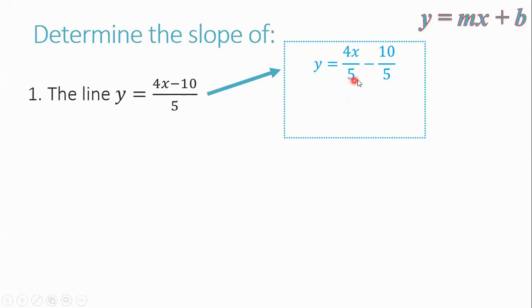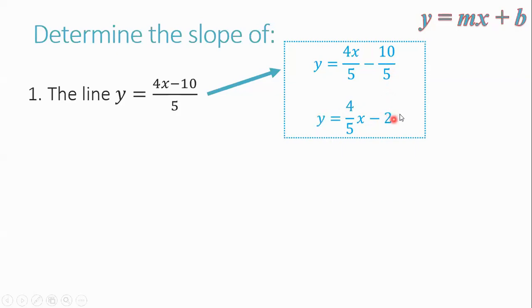So all I did was break it apart, and so now we have y equals 4x divided by 5, take away 10 divided by 5. And so we can simplify this a little, and we can get 4 divided by 5, leave it as a fraction, x, take away 10 divided by 5 is 2.